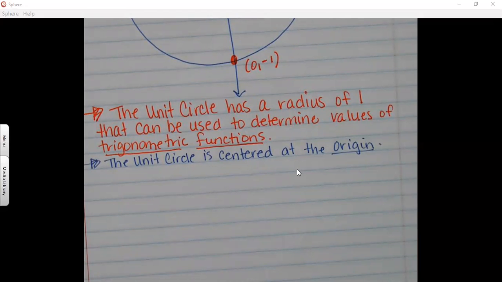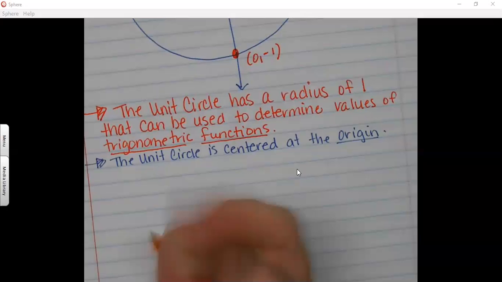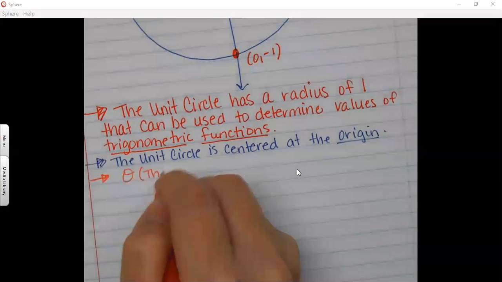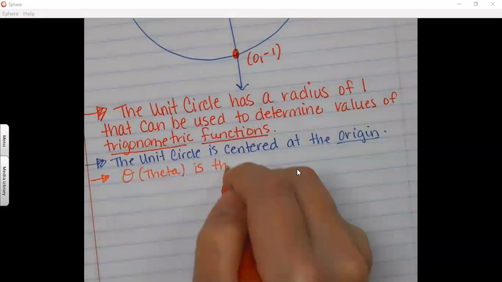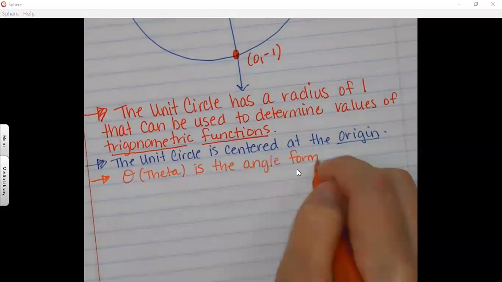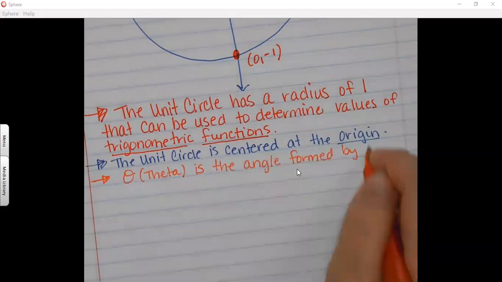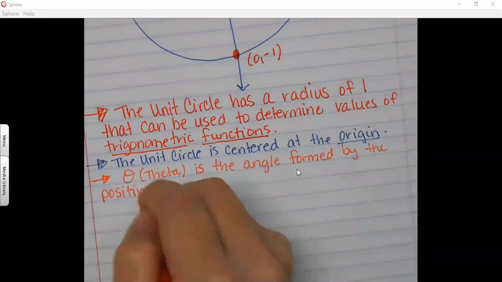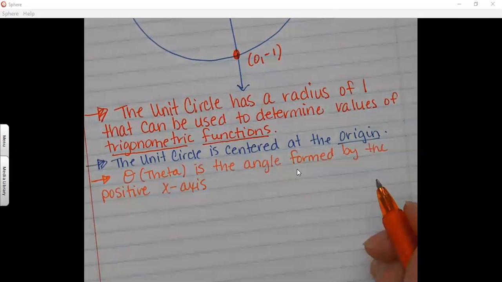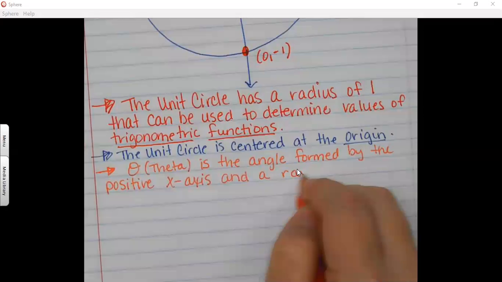Theta is the angle formed by the positive x-axis and a ray that intersects the unit circle.